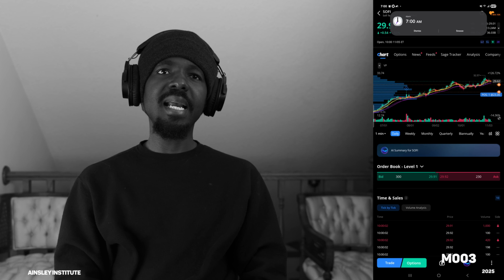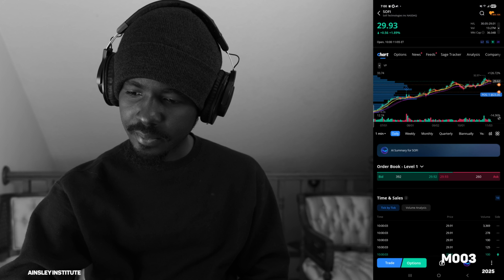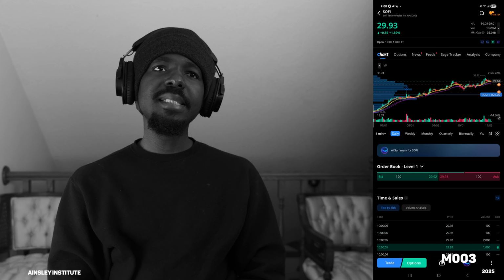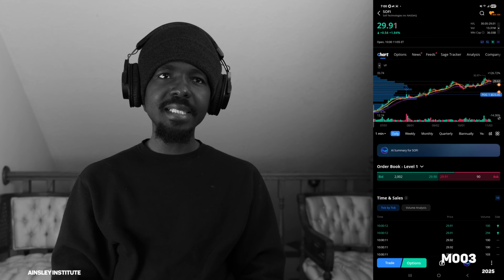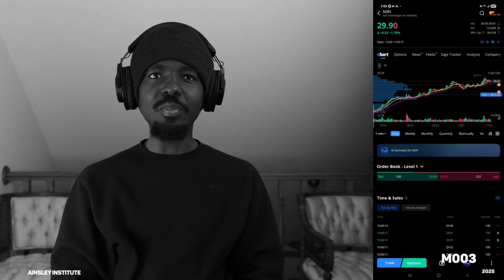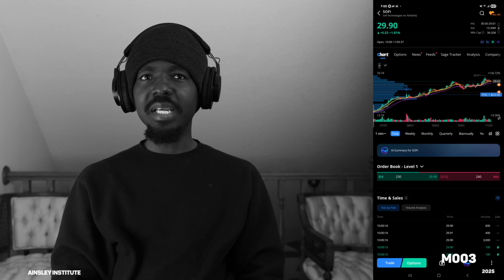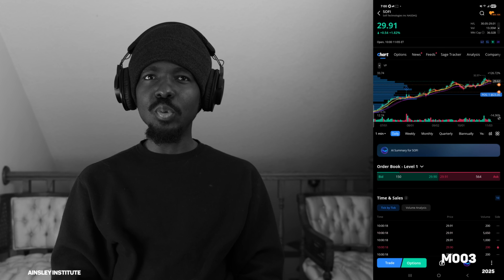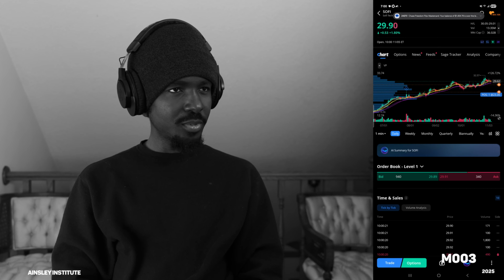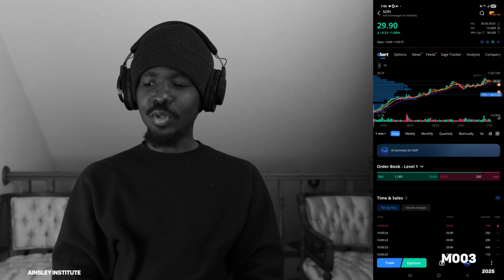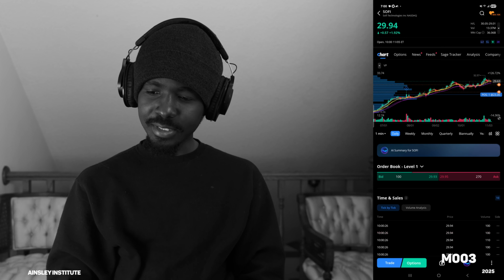So liquidity and execution risk. Wide spreads or low volume and open interest may mean you entered at the worst possible price or you cannot exit.